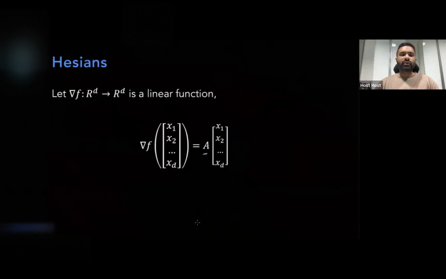If I want to write this gradient function in matrix form, I can write it as A multiplied by the column vector x1, x2, up to xd. So this is A. If the gradient has this form, I'm assuming this. It need not always be so, but I'm assuming it. If the gradient has this form, then what can we say about the Hessian?